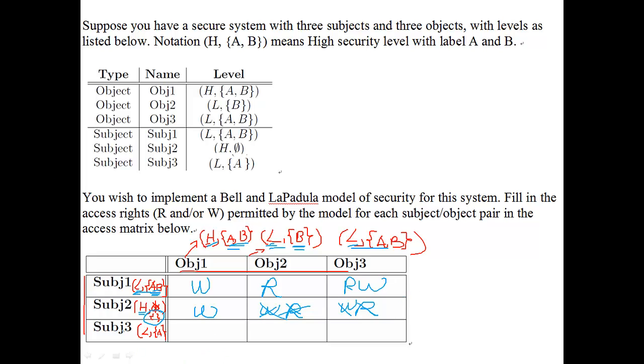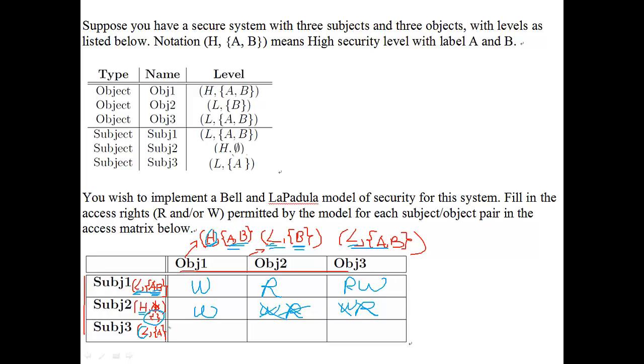Then we compare subject 3 and object 1. See guys here, this is low level, this is high level. So subject 3 can only write to object 1. That's the possibility, okay? Because of the high level and this low level.